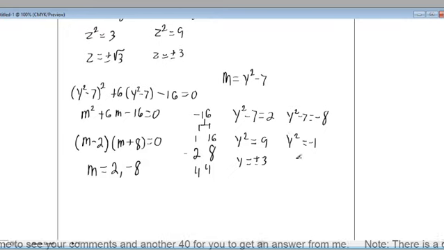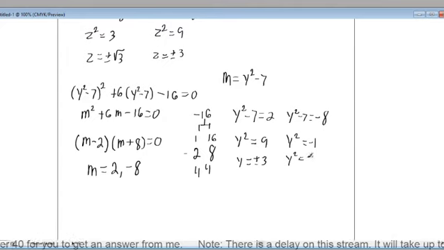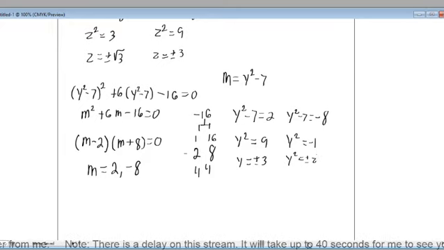Then take the square root of both sides. That gives us y is equal to plus or minus the square root of negative 1. Now, what is the square root of negative 1? i. So plus or minus i. And there's our 4 answers.